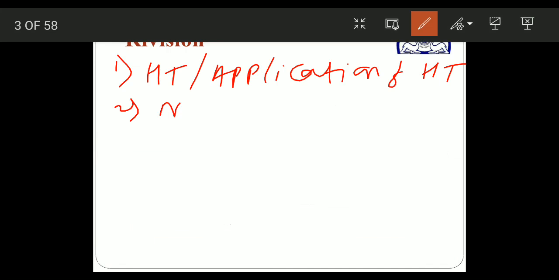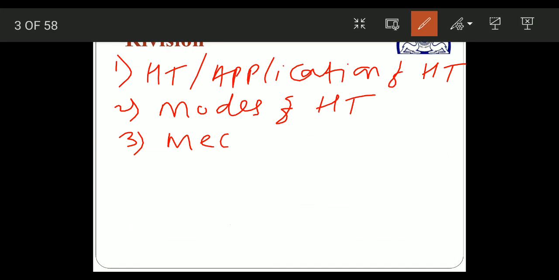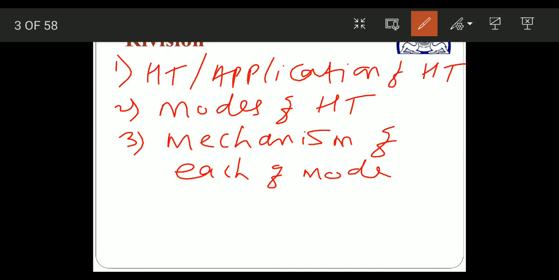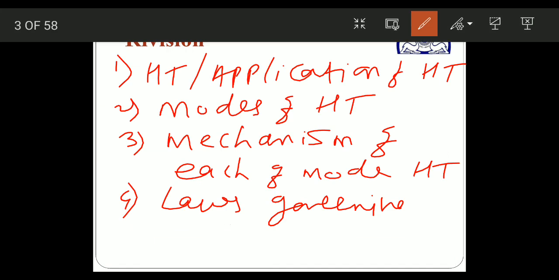Next, we studied the different modes of heat transfer, that is conduction, convection and radiation, what is the mechanism of each mode of heat transfer, and the different laws governing the modes of heat transfer.